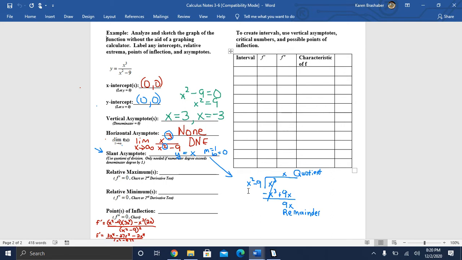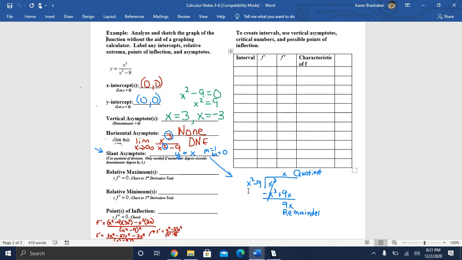And remember, we don't need to multiply out that denominator. And so f prime is going to equal, in your numerator, you'll have x to the fourth minus 27x squared. And in that denominator, you'll have x squared minus 9 quantity squared.